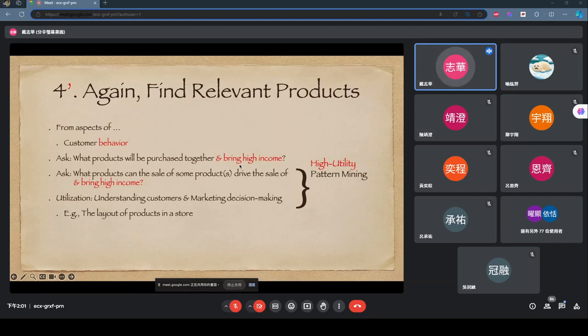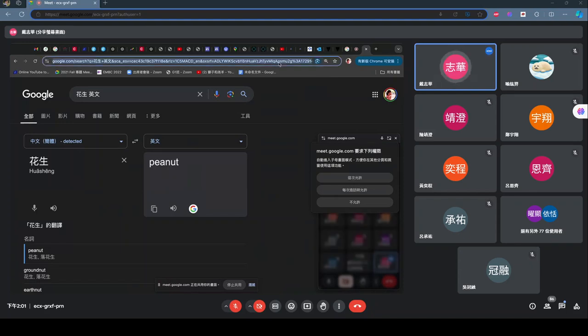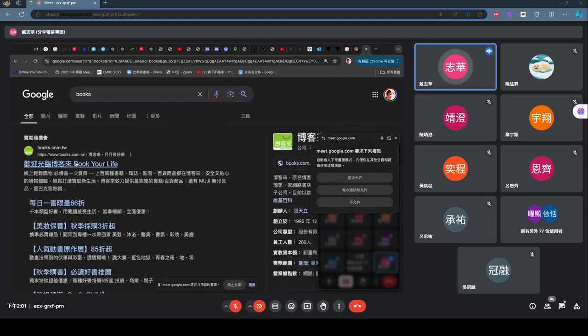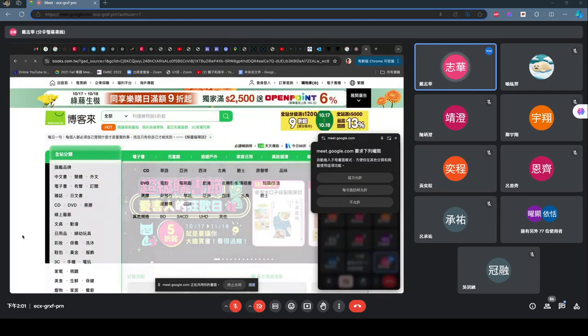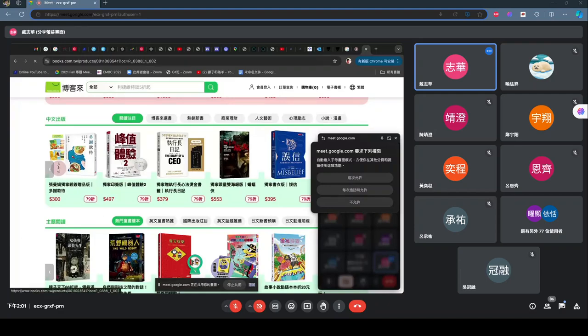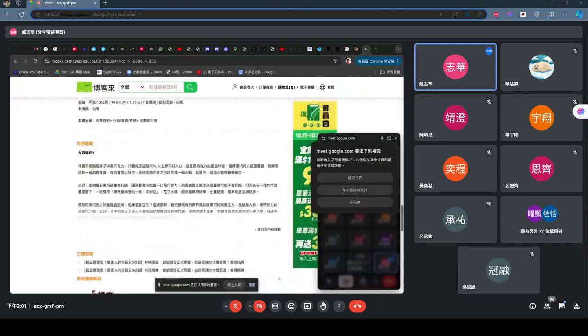And actually, this kind of pattern mining has been carried out in marketing. It's called high utility pattern mining. I think you guys have ever seen something like, for example, books, actually Amazon. But in Taiwan, usually I like to use the example from books. Jobs.